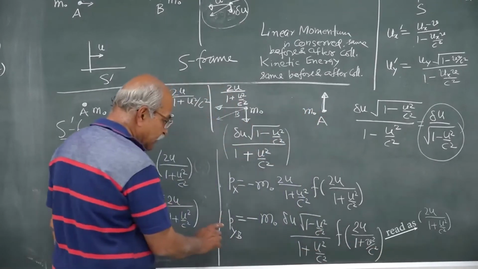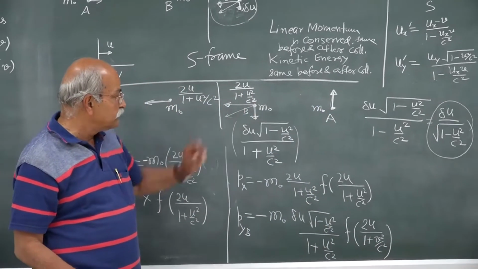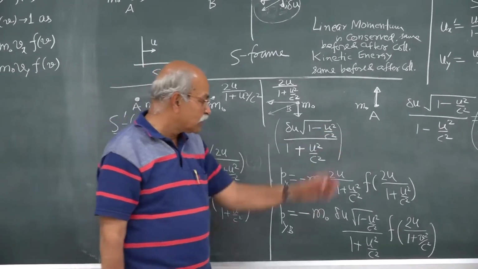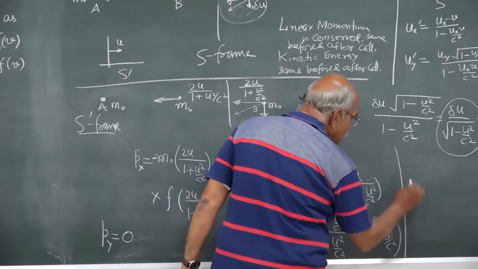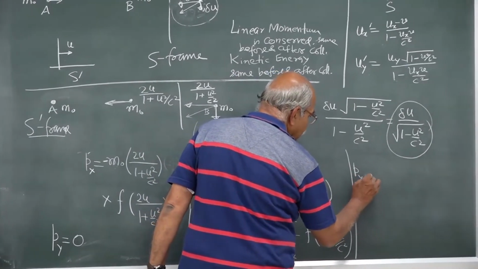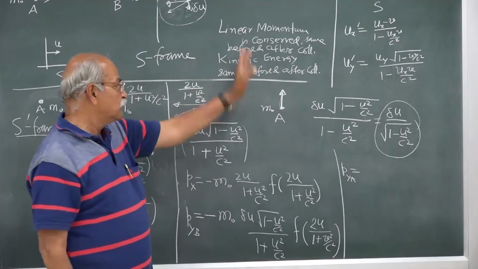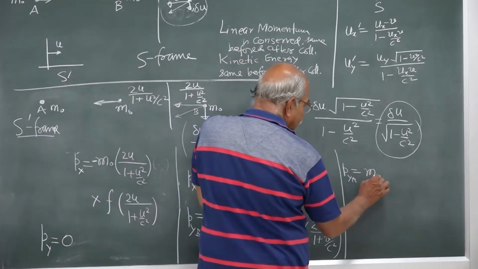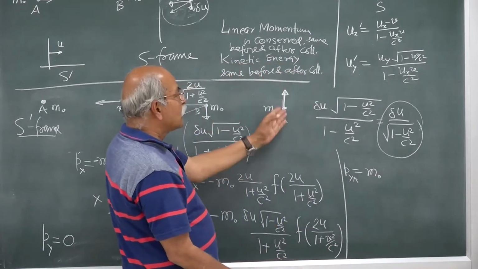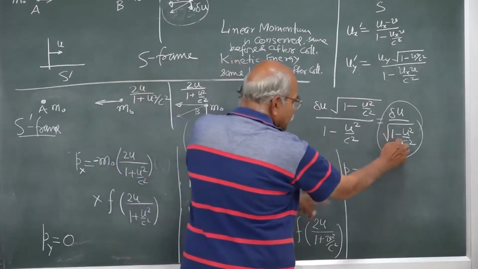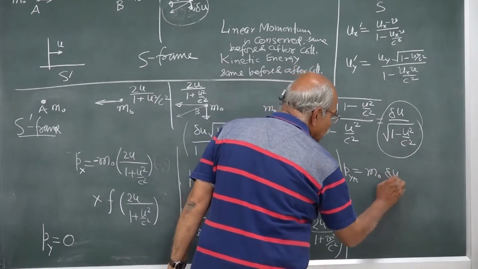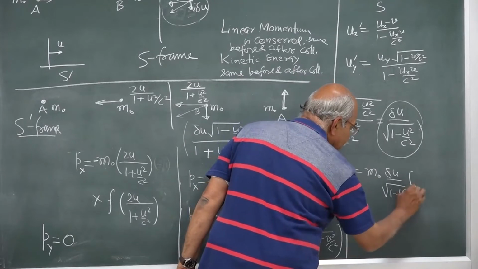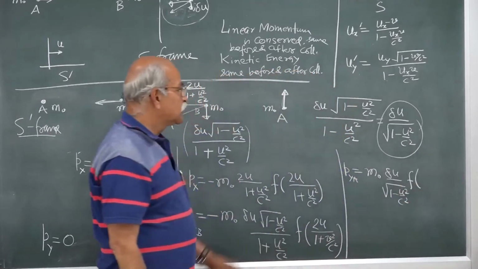So this is the linear momentum of this particle B in the y direction, and what is the linear momentum of particle A in the y direction? That also you can write. This is in the positive y direction. So mass m naught into the y component of the velocity, which is this, delta u by square root 1 minus u square by c square, and then function of the speed.